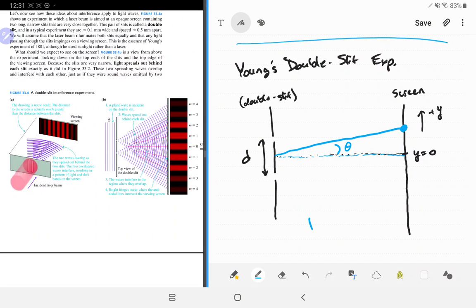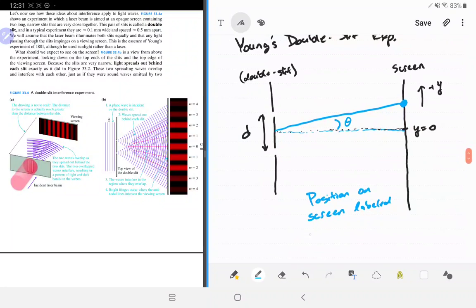The position on the screen can be labeled with either y or theta. Notice that for both, the position on the screen right here is y equals 0 or theta equals 0. And then customarily, as we go up, it's positive y in meters or positive theta in radians or degrees relative to the center line.